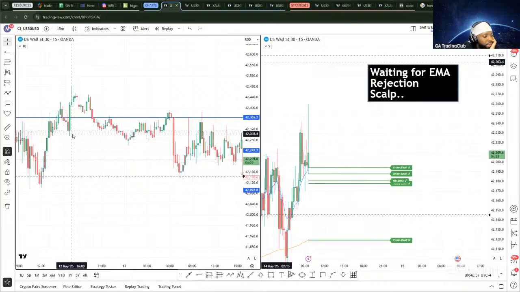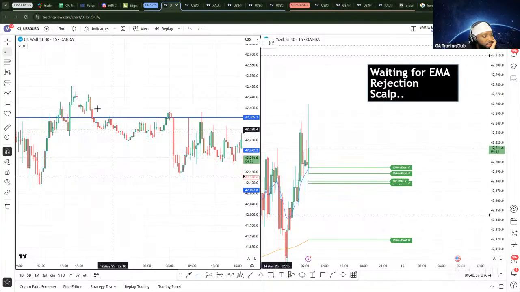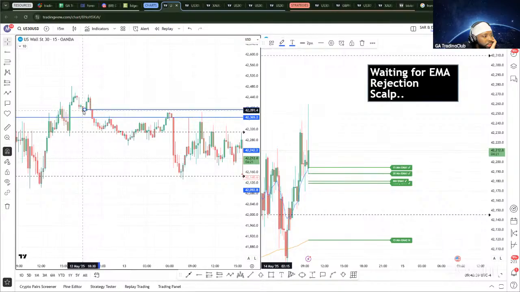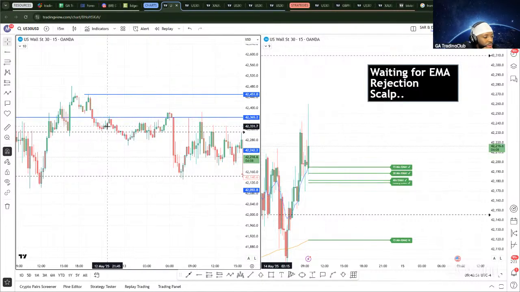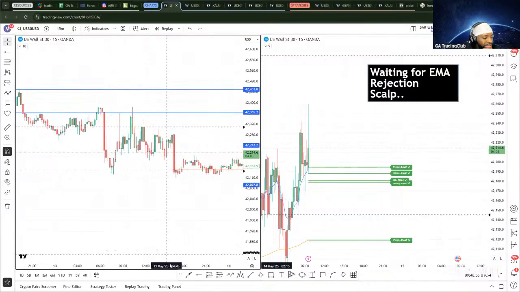The pre-market high was this one right there, so that's the pre-market high for Tuesday. And the pre-market low for Tuesday, which is yesterday, was here.